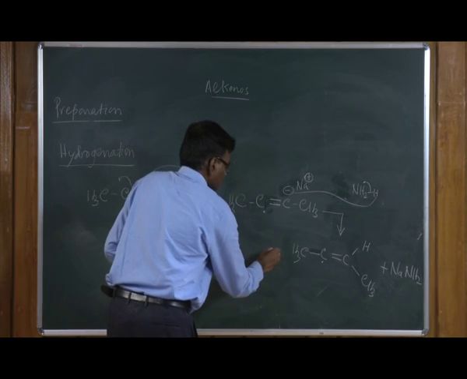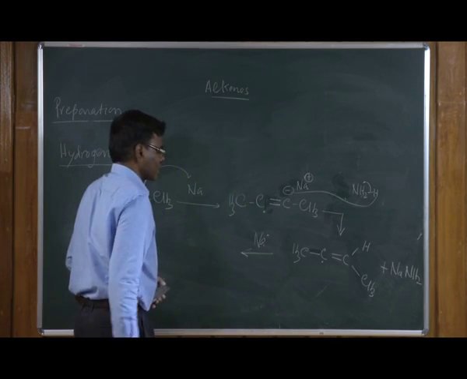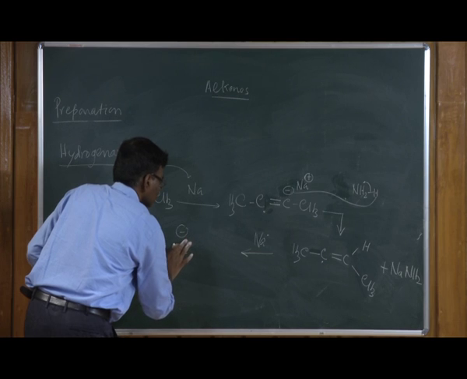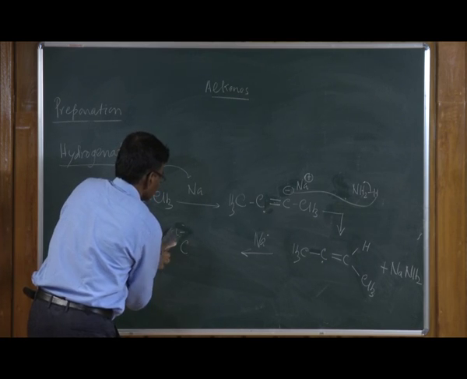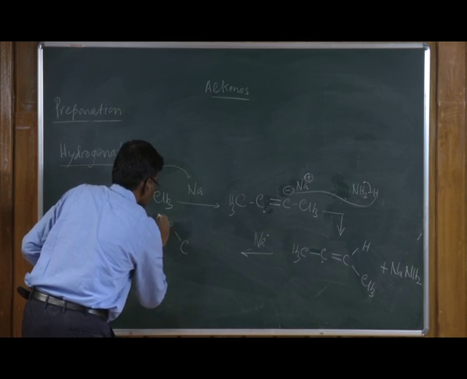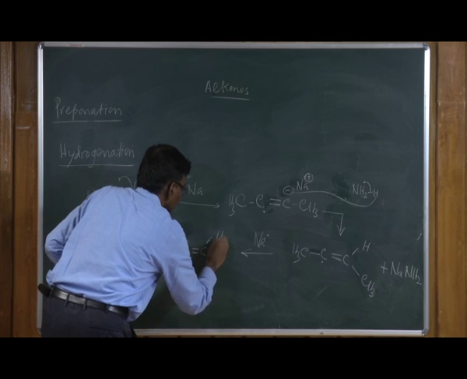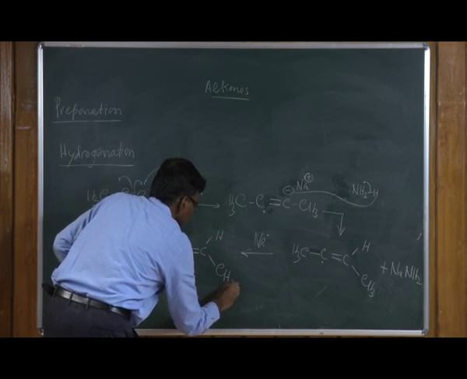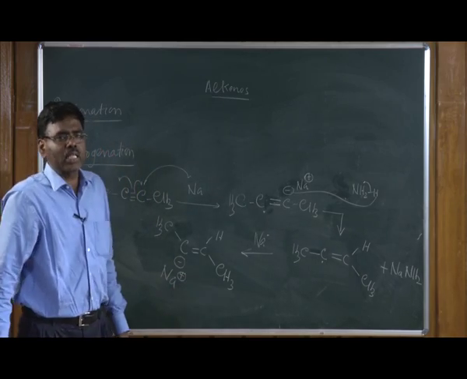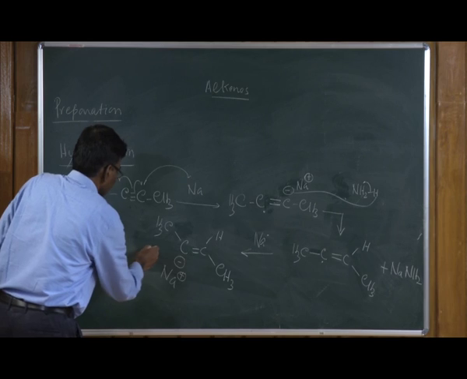Once you have this one, it can again react with another sodium and take one more electron. You generate this anion. This anion takes a proton from the ammonia.